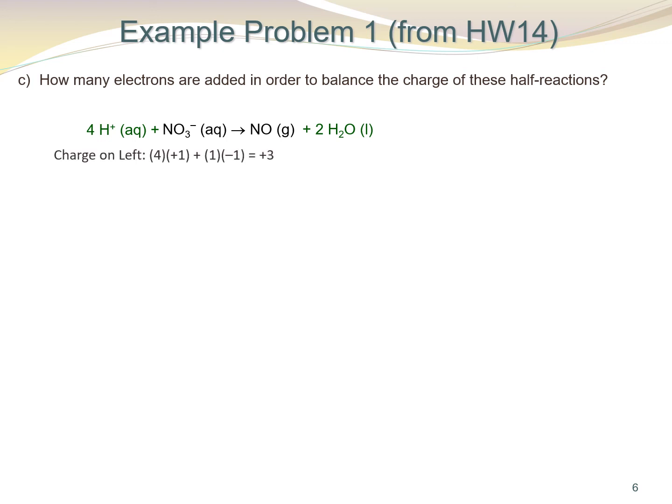Remember, I got 4 H plus, right? So each H plus has positive 1 charge. I got 4 of those, so that's 4 times plus 1. And I have 1 nitrate, so 1 times -1 right here. So the total charge is +3 on the left. How about on the right? 0 charge, because both species as product are neutral molecules.